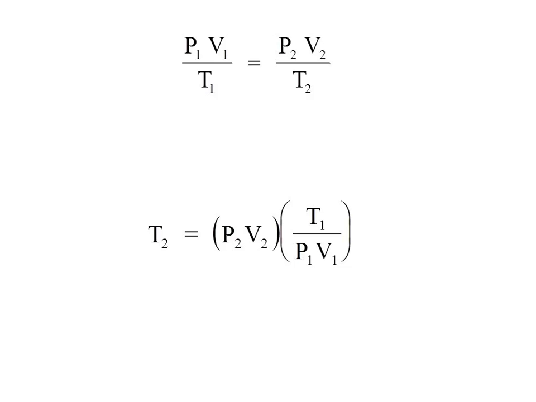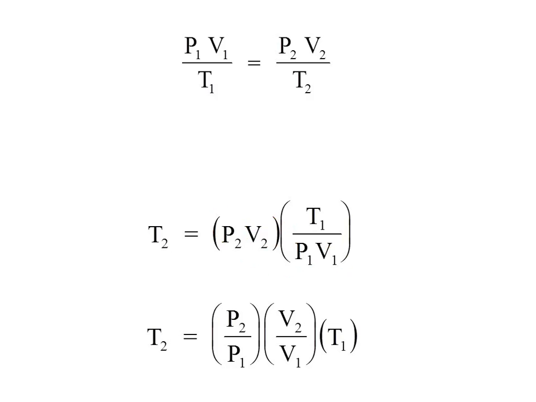Oftentimes, we tidy it up, and you'll always have a ratio of P's and a ratio of V's. That's how it's cleaned up. So this is the same equation, just cleaned up, putting it P2 over P1 times V2 over V1 times T1.